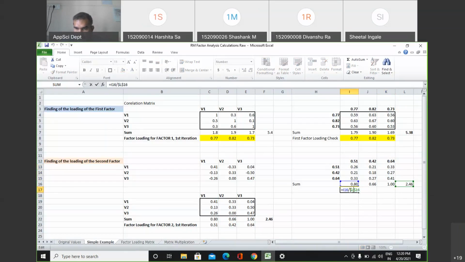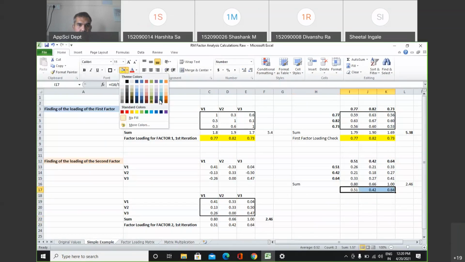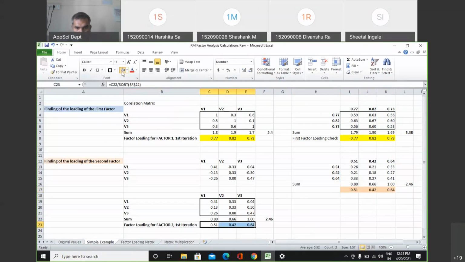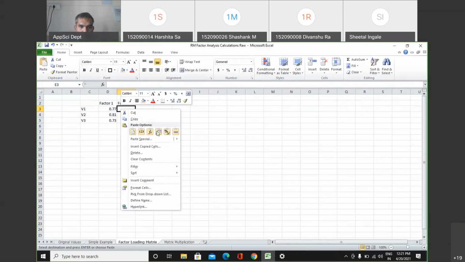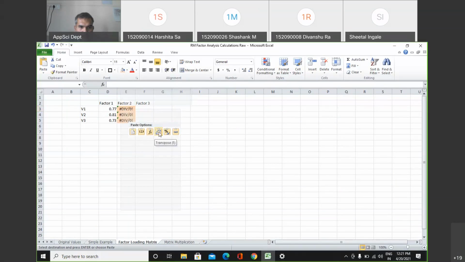Oh, I didn't take the square root. Now it matches quickly. So we can take this value there and factor loading. Transpose rarely works.